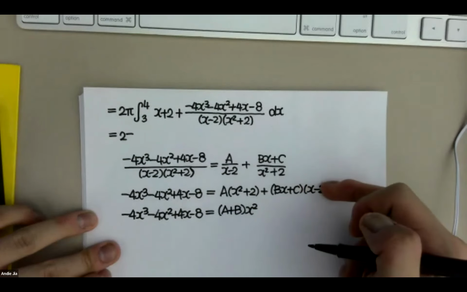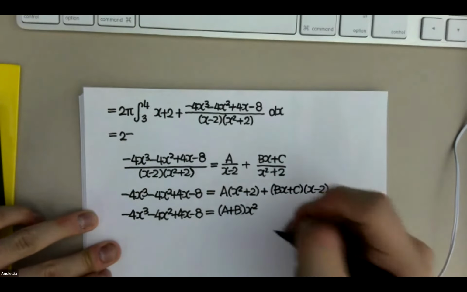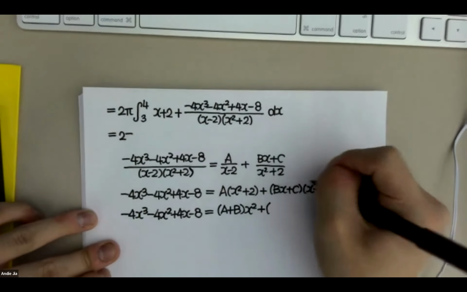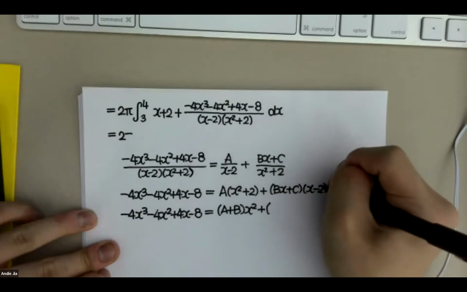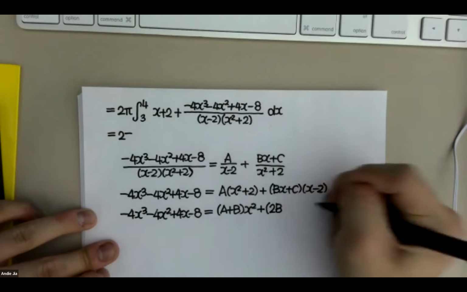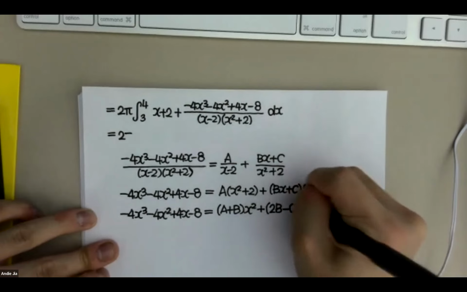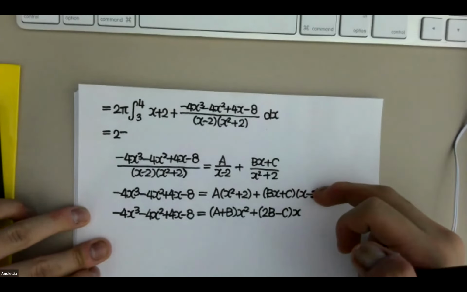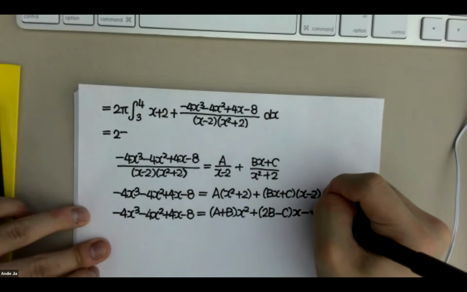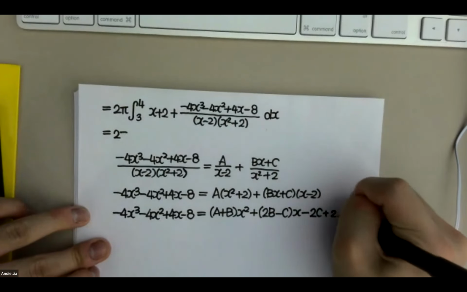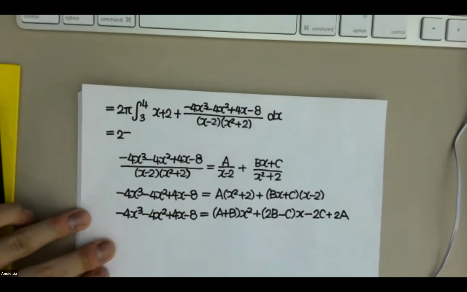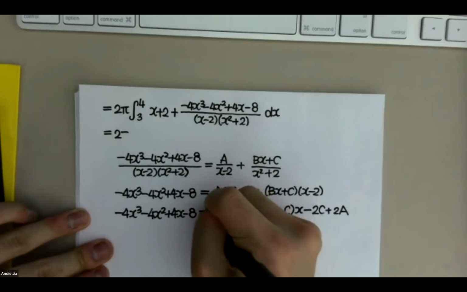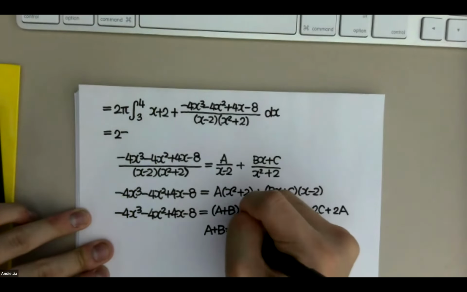Plus Bx plus 2Bx minus Cx. Then we have minus 2C plus 2A. The A plus B is going to be negative 4.